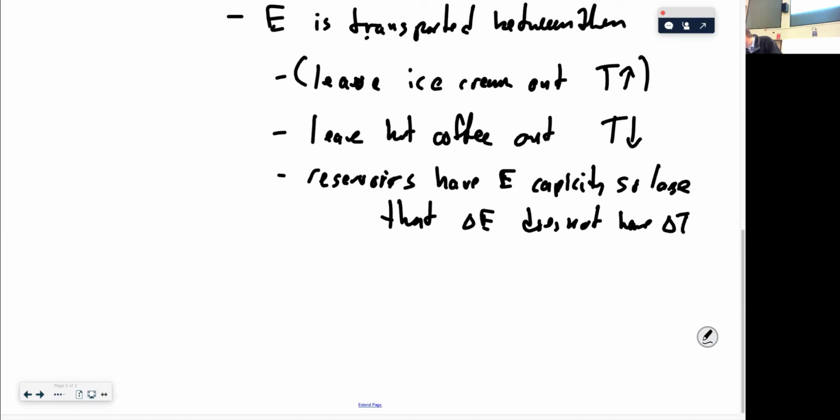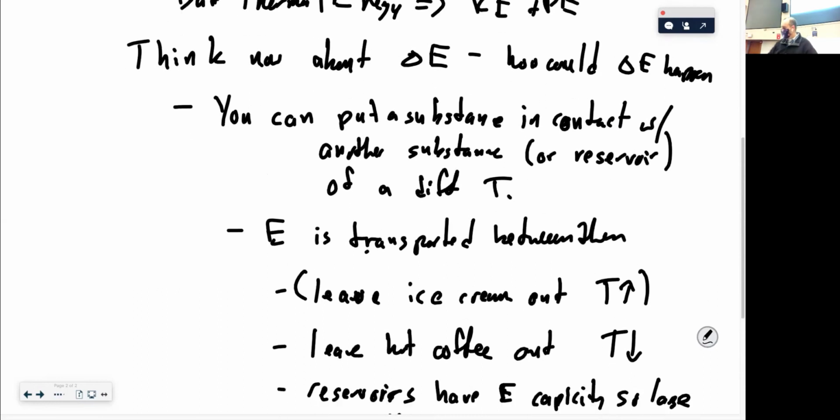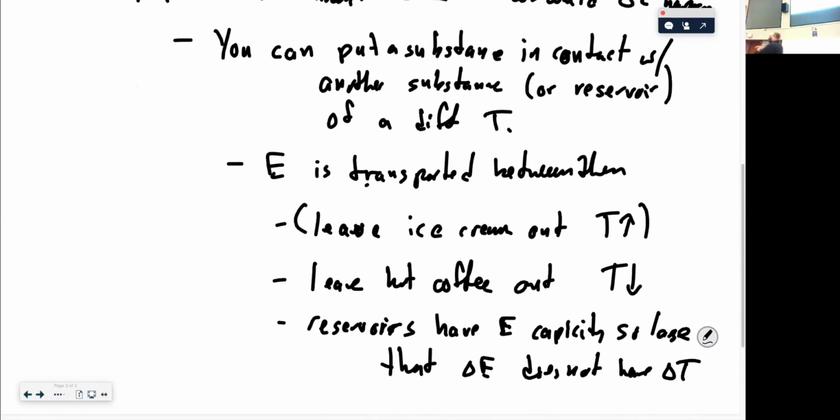Does not have a delta T. Okay. So that is one way. You could put a substance in contact with another substance of a different temperature, and it will change in temperature. You're adding energy to that system, so the temperature should change.